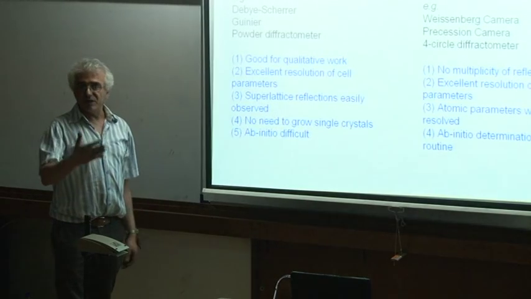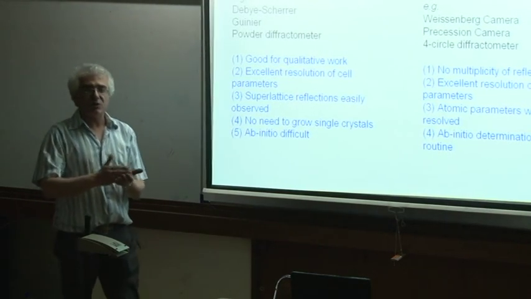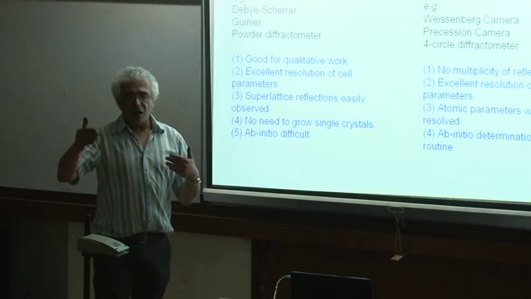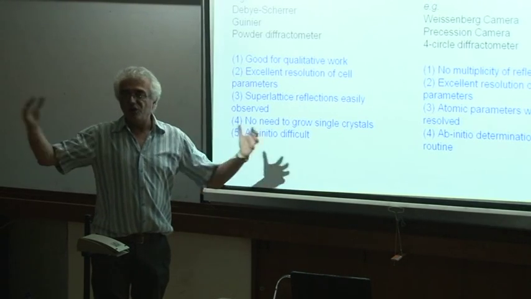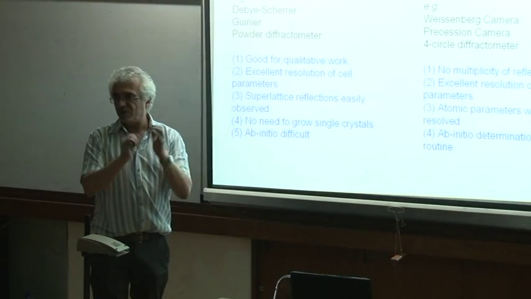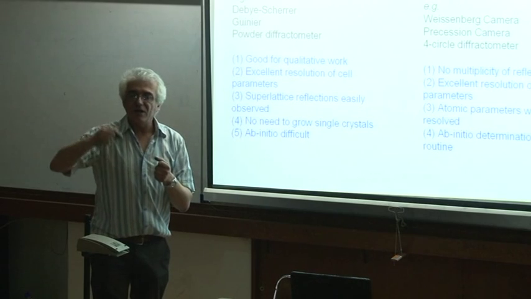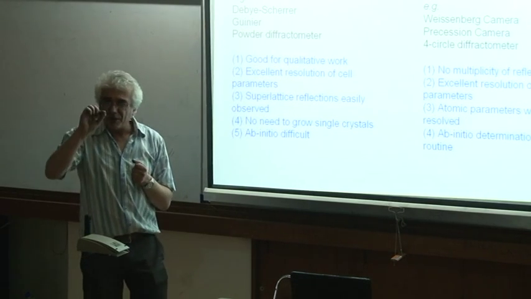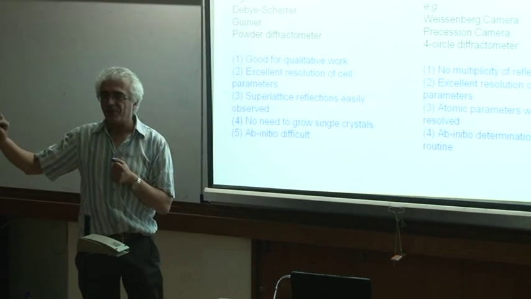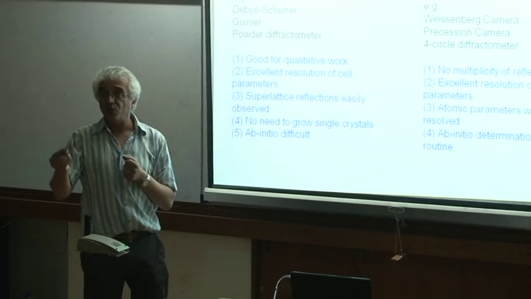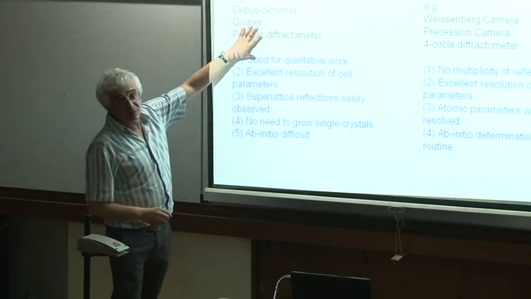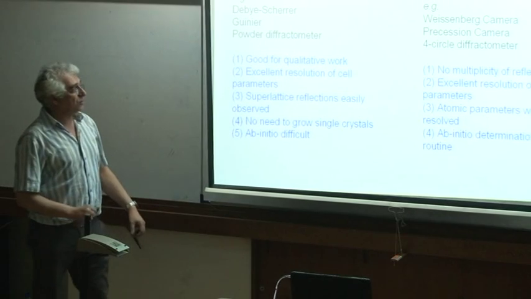Superlattices we can see more easily. A superlattice is when you have ordering over a larger unit cell than the subcell that you see. So the ordering is actually a little bit bigger, and they appear as very weak satellite peaks. And that's much easier to see in powders than it is in single crystals.